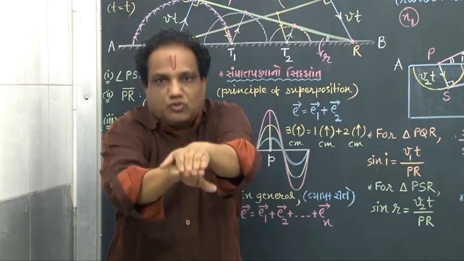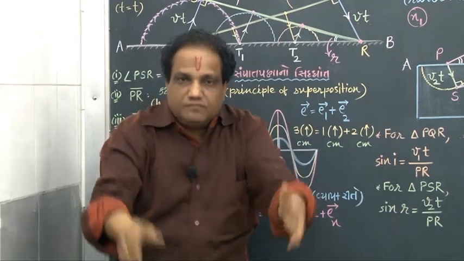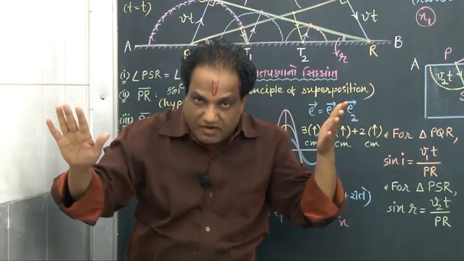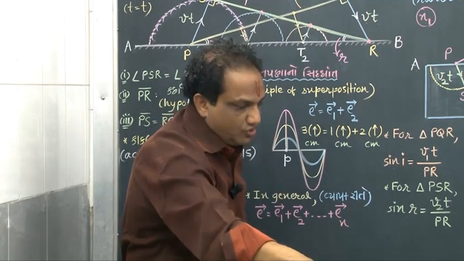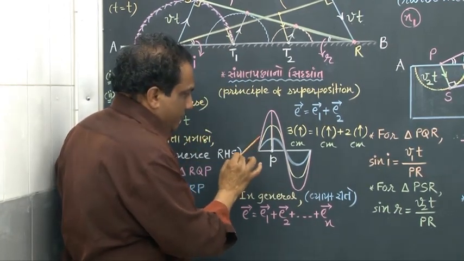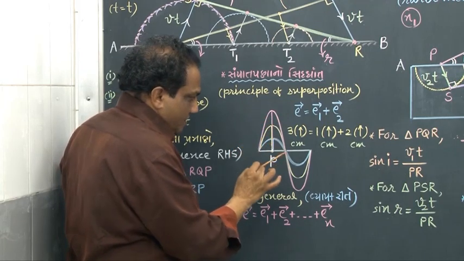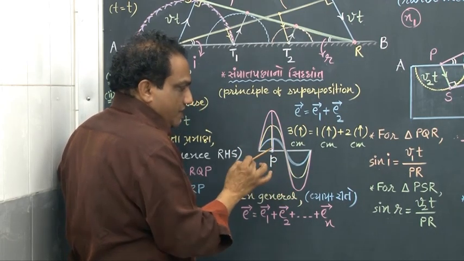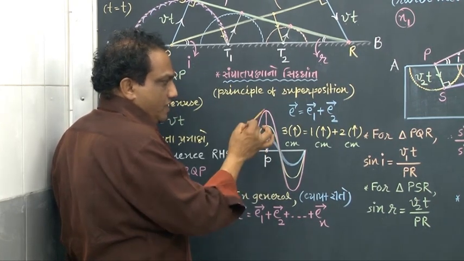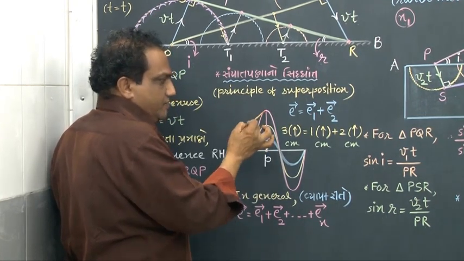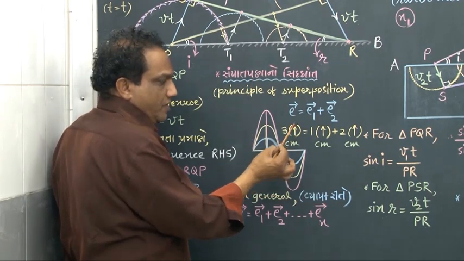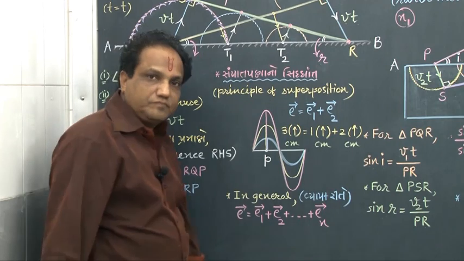When both the waves superpose, there is no existence of the first wave, no existence of the second wave, now there is existence of only one, that is the resultant wave, and that resultant wave is this, in which you can see the same particle has gone from here to here. This is the resultant displacement. It is found to be practically 3 centimeter in upward direction.